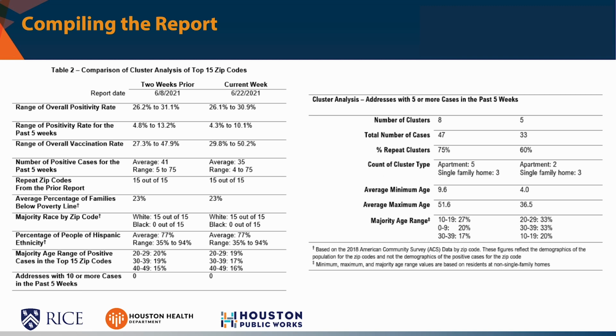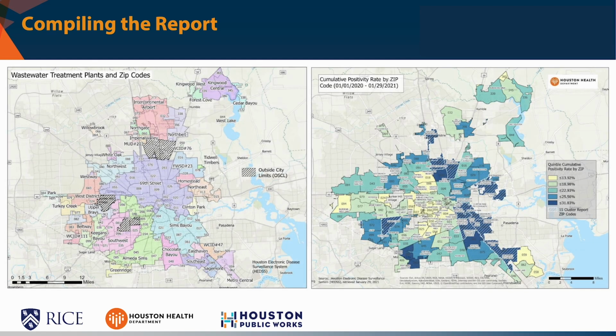As with the spreadsheet, this document served to keep all of the analysis reports compiled in a single comprehensive report that was ultimately used to guide intervention efforts. The COVID-19 cluster report document also included spatial visualizations, or maps, as seen here.